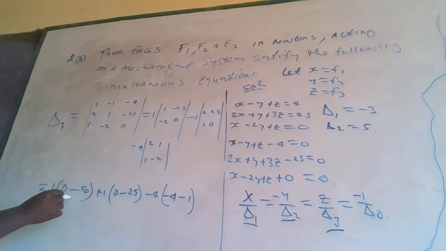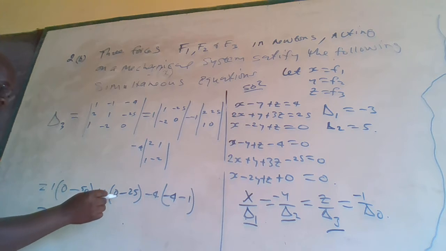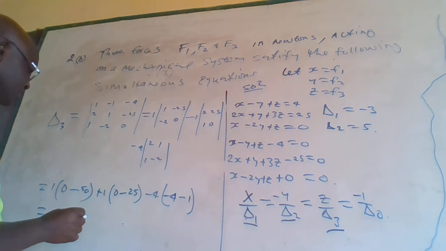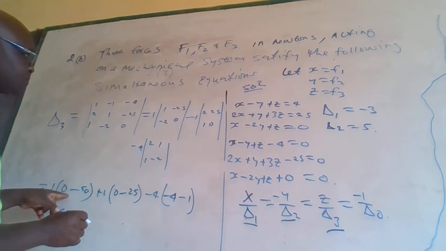So this equals 1, so this is minus 50, then 0 minus that, so we have 0.